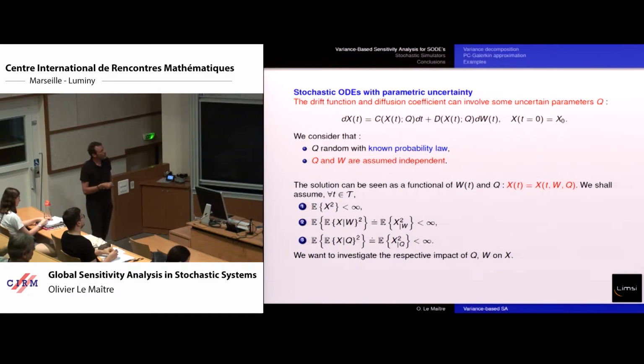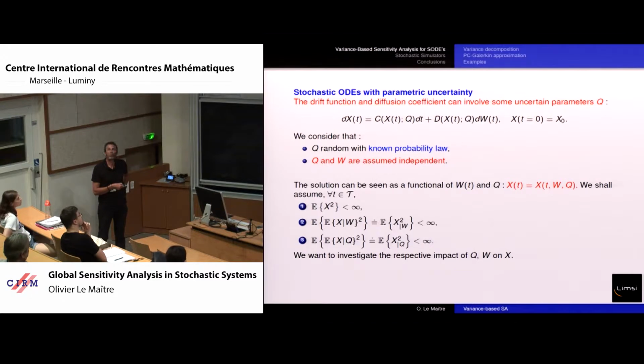Okay, I'm just here making some assumption about square integrability. So the process has to be a second-order process. If I condition on the Wiener process, so I still have the random parameter here, this conditional variance is finite, and exactly the same if I condition on a certain value of the parameter, the variance is also finite.